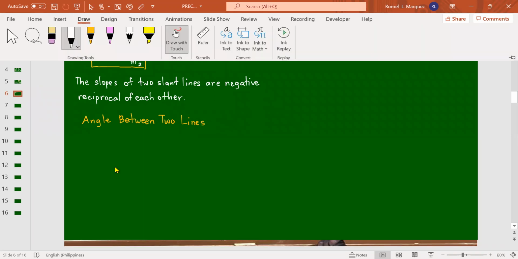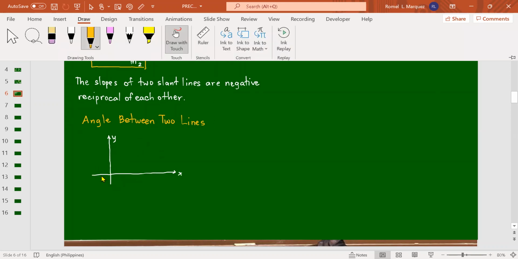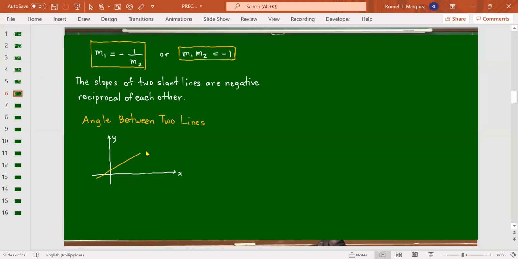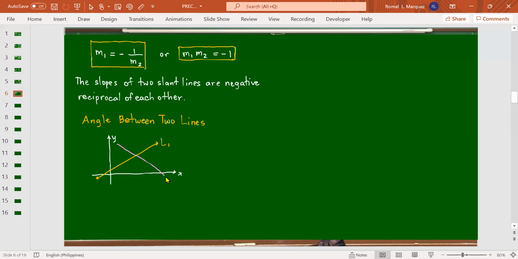Like for instance, if I have these two intersecting lines, let's call this my line 1 and this one my line 2.